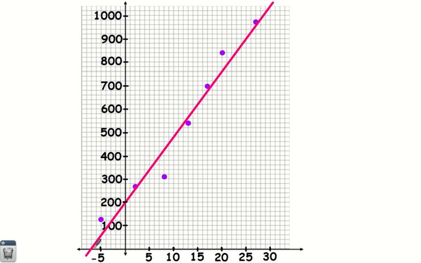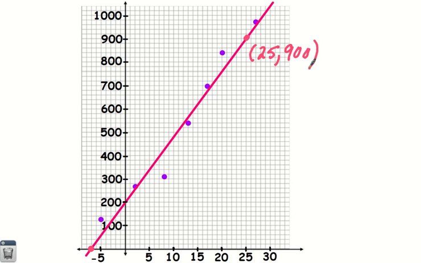So if your notes are going to match my notes, it looks like my line of best fit is passing through that spot, as well as essentially this spot right here, which looks like 25 comma 900. Let me double check that. 25 comma 900.